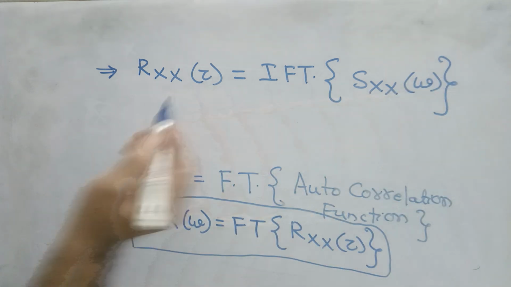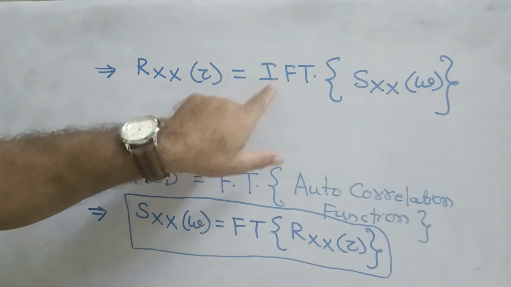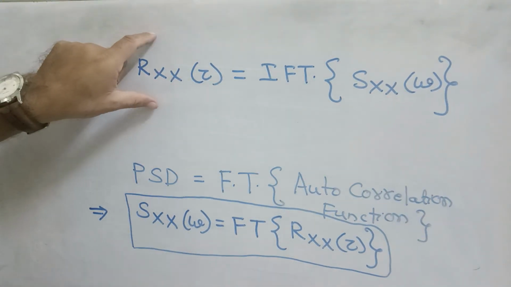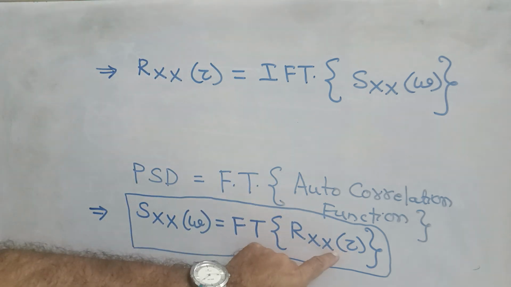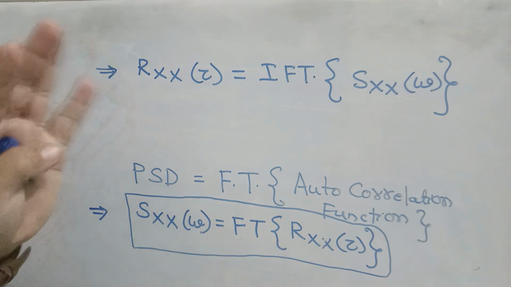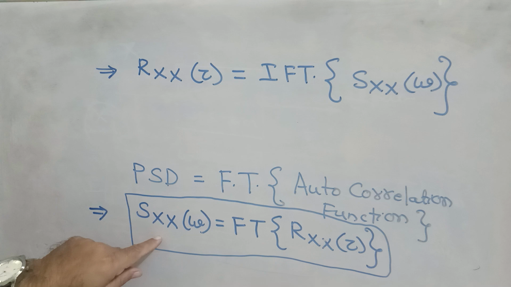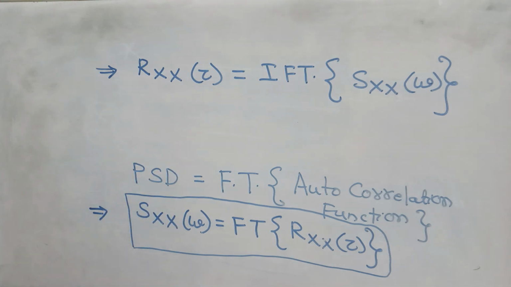Therefore, if I know the power spectral density and apply the inverse Fourier transform to this, then I will get the autocorrelation function. So if you know the autocorrelation function, you apply the Fourier transform to that, you will get Sxx of omega. Or otherwise, if you know Sxx of omega, apply the inverse Fourier transform, you will get your Rxx of tau. These two relations are called the Wiener-Khinchin relationship.